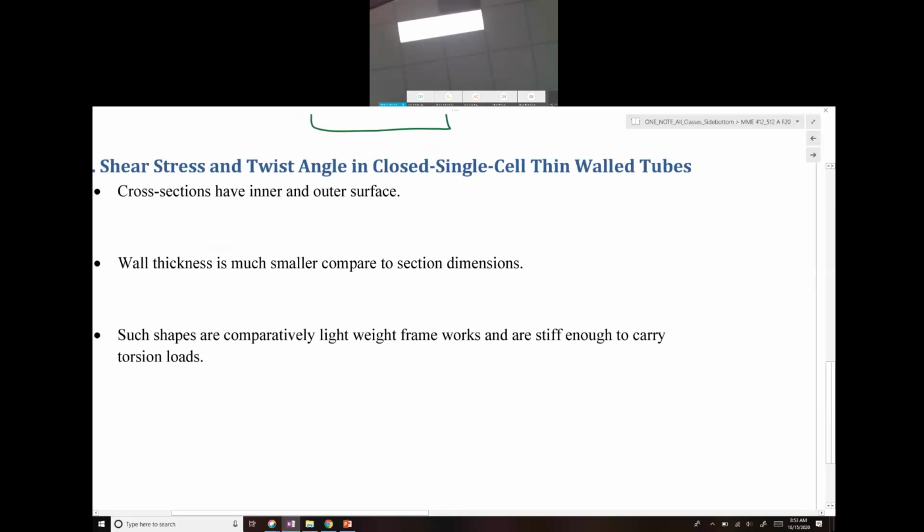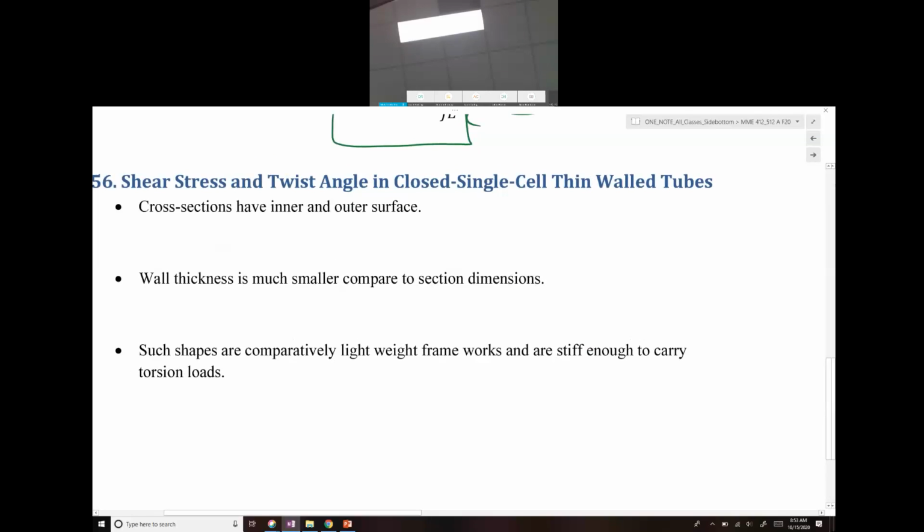To the major topic of the lecture, which is finding the shear stress, tau, and the angle of twist, capital theta, in closed single cell thin wall tubes.